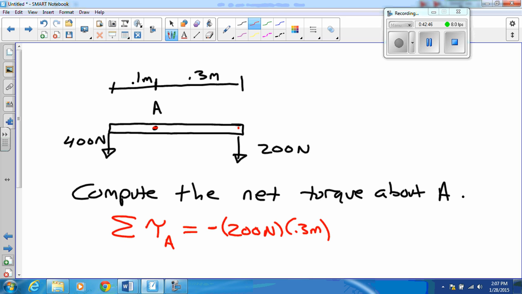Does everybody see how I'm getting the signs? That's confusing to people sometimes. Meanwhile, the 400 Newton force is also exerting a torque, and that torque is computed by its force times its distance, which is 0.1 meters here.